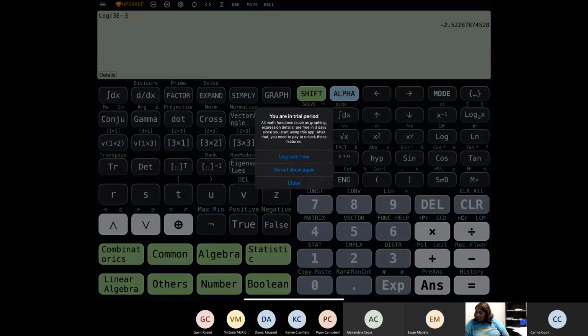You've got your log function, and unfortunately I can't zoom in with this calculator, but you see the log function. Right above the log function is a 10 raised to the x power. That's your base 10 function.